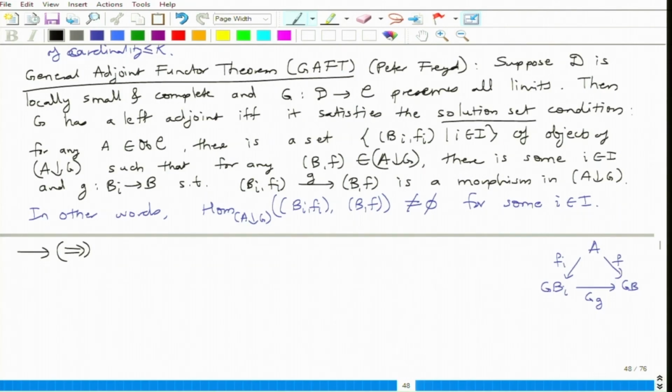Okay. So if F is a left adjoint of G, then FA comma eta A, yeah, this is a solution set.